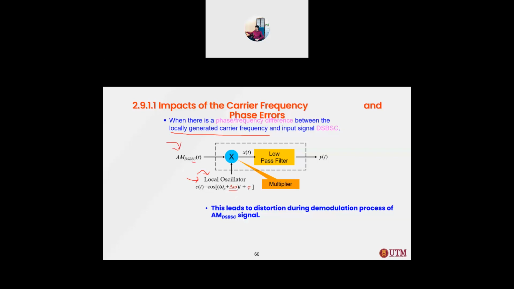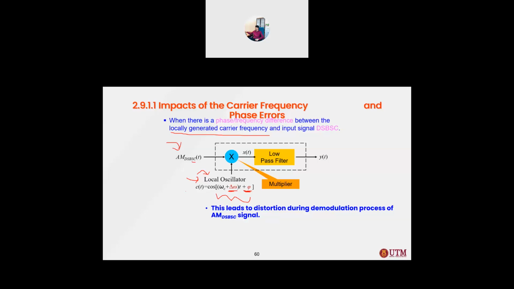So here, if we have a phase and frequency difference, we have a frequency difference, which is delta omega, and this one we have the phase difference. This one is actually phase, this one is actually frequency, but together they are the angle, just like cos theta.